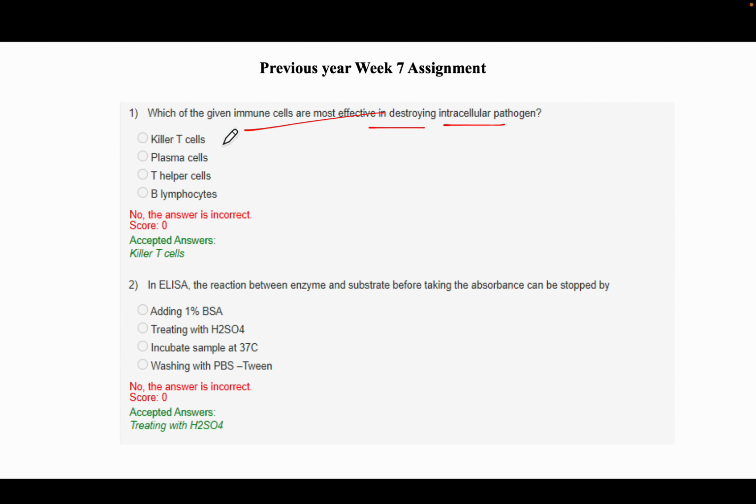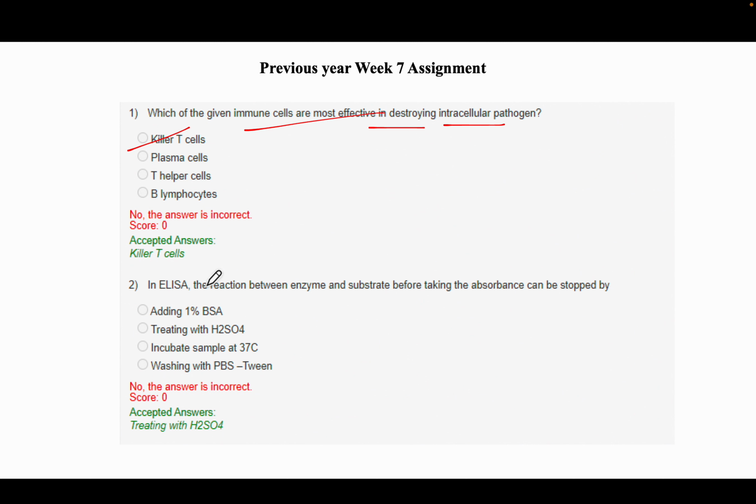Is it killer T cell, plasma cells, T helper cell, B lymphocytes? It will be killer T cell. This is the most effective.